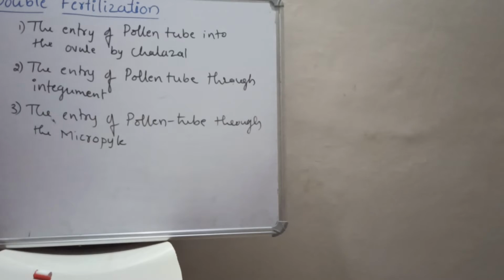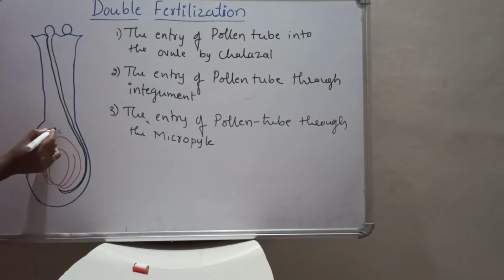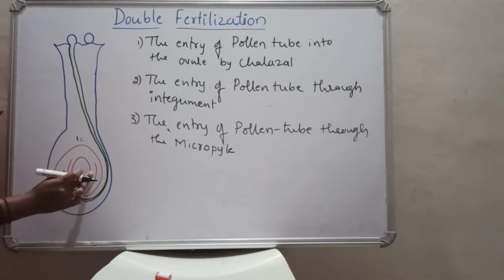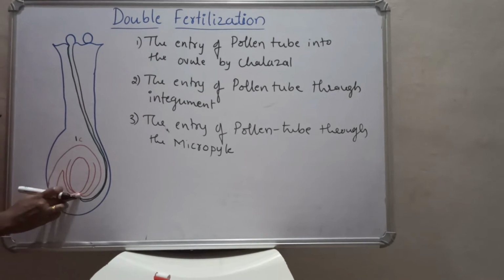There are three possibilities: the first is the chalaza, the second is the integuments, and the third is the micropylar region.